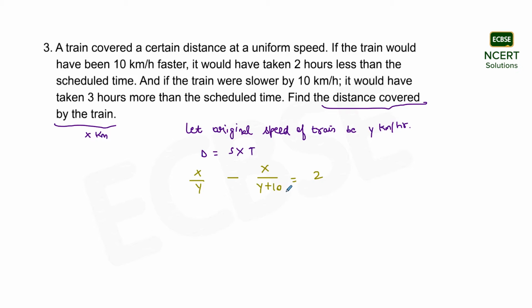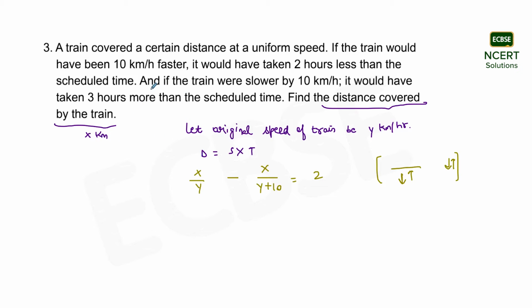This is also clear from the logic: if we increase the denominator, the fraction will decrease, or in other words, if we decrease the denominator, the fraction will increase. These have a reciprocal relationship. So x by y will be greater than x by y plus 10.